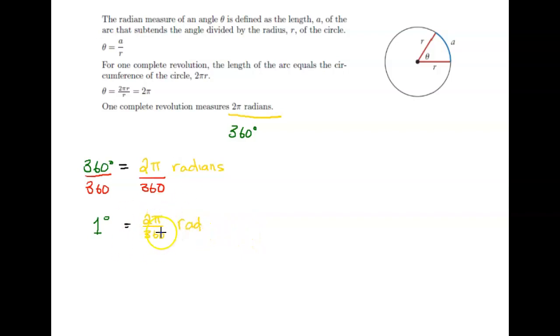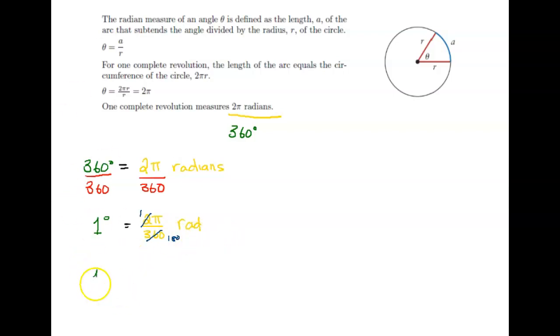So we can reduce this fraction. It doesn't have to be 2 pi over 360, but we do want to be as exact as possible, so I'm going to leave that pi in there. I can reduce this 2 and 360. If I divide 2 by 2, I get 1. If I divide 360 by 2, that leaves me with 180. So what is this next line going to give me?